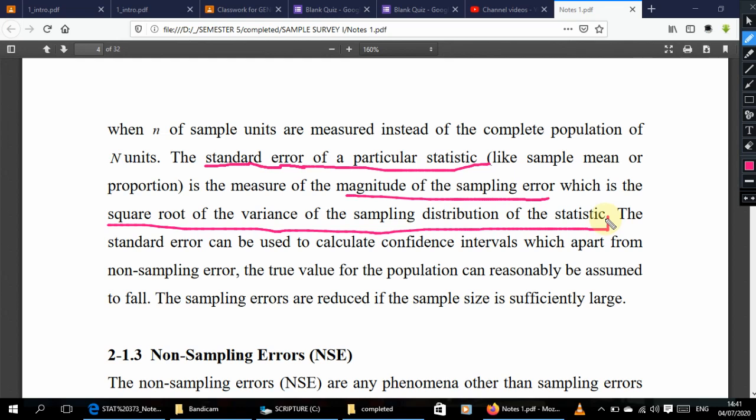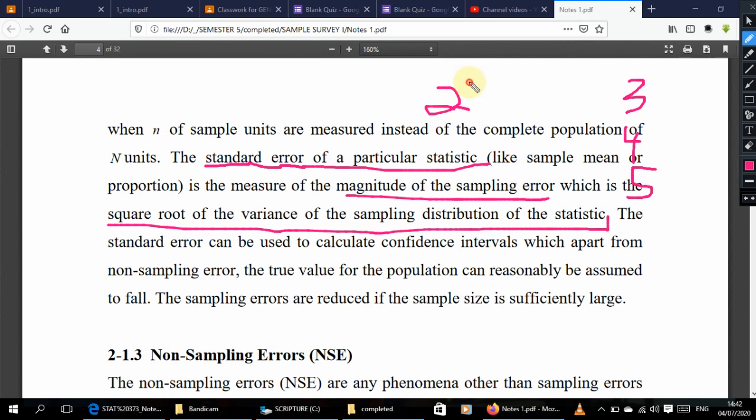So when we say sampling distribution of the statistic, let's say your population is 3, 4, 5, and you want to take a sample of 2.